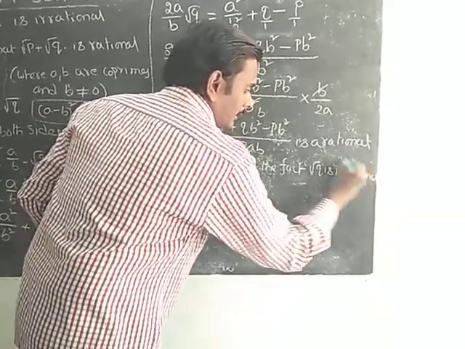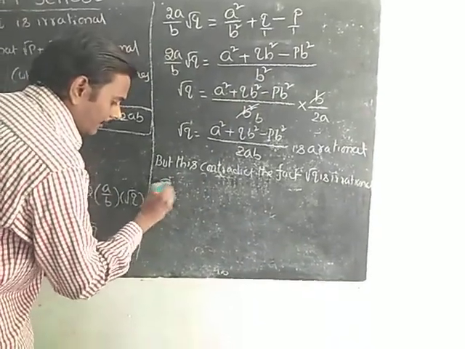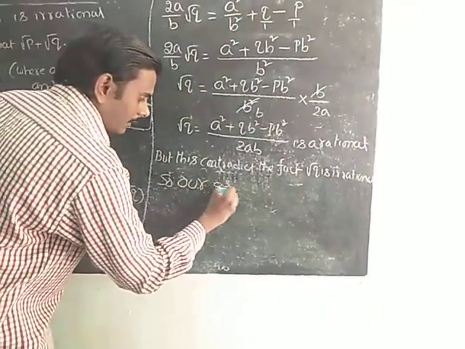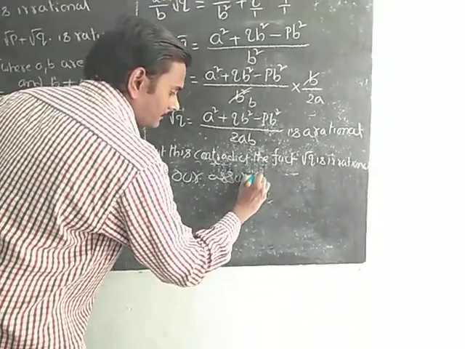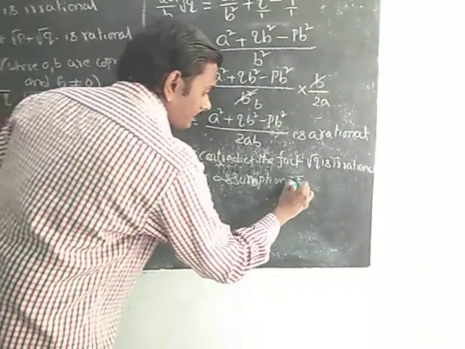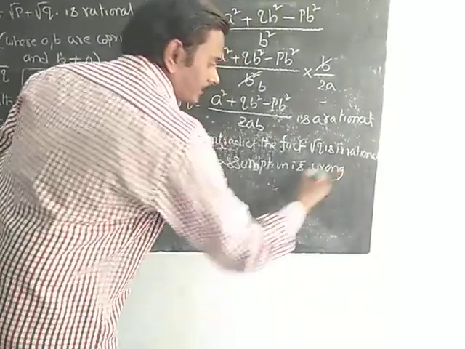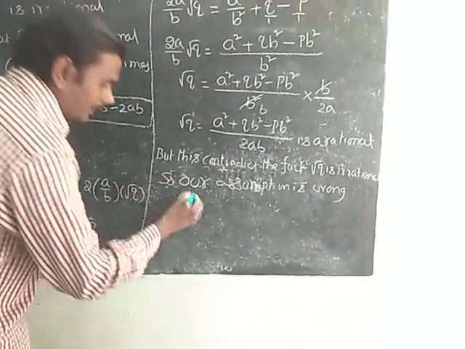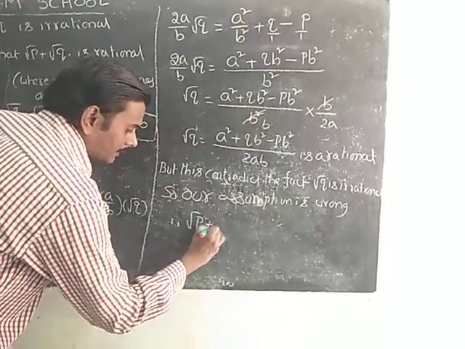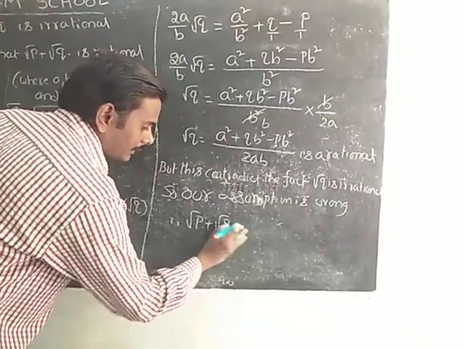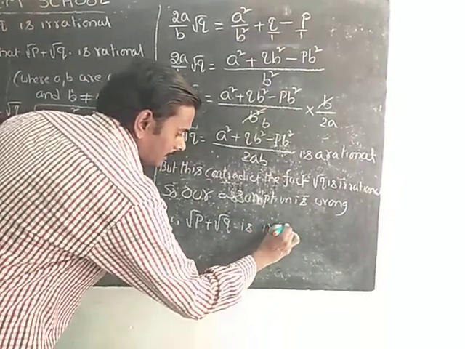So our assumption is wrong. Our assumption being wrong means it is not rational, so it is irrational. Therefore root p plus root q is irrational.